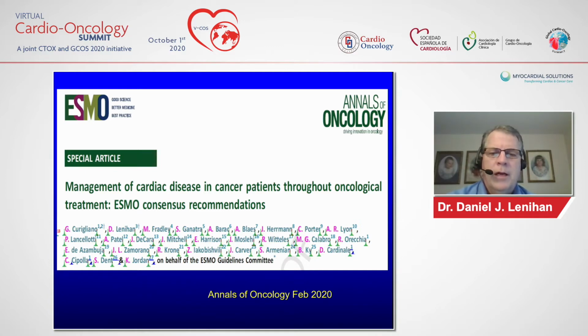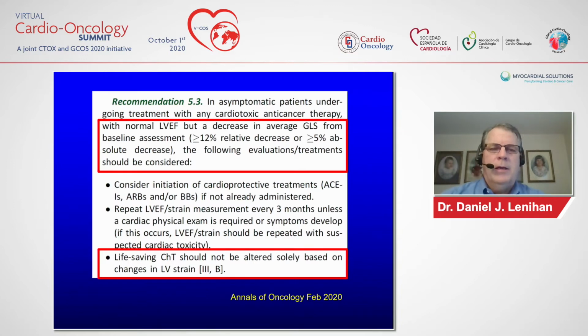This was a very comprehensive and detailed document, with a lot of very important recommendations in there. But this one highlights the growing interest in strain as a marker for cardiotoxicity or cardiomyopathy that's developing before a change in LVEF.